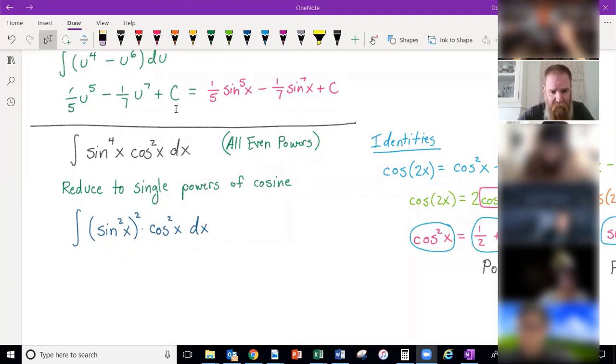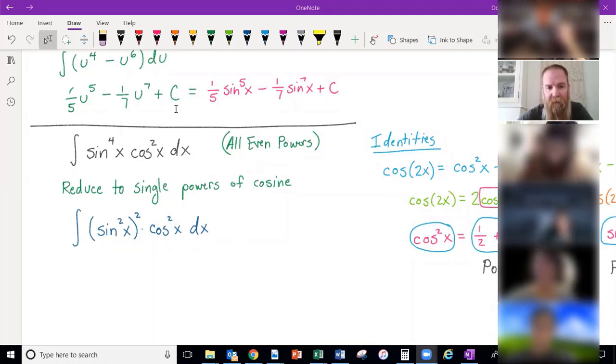So basically all you're trying to do is find sine squared x's and cosine squared x's so that I can use the formula.